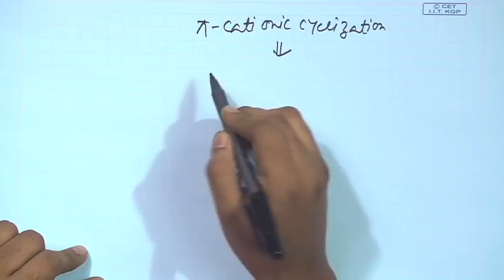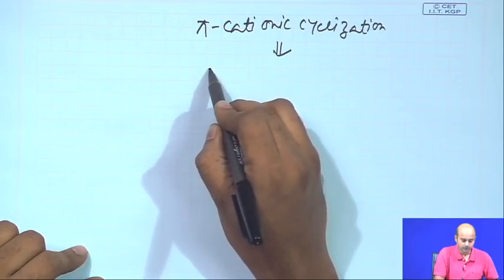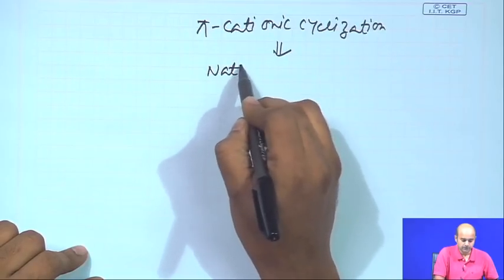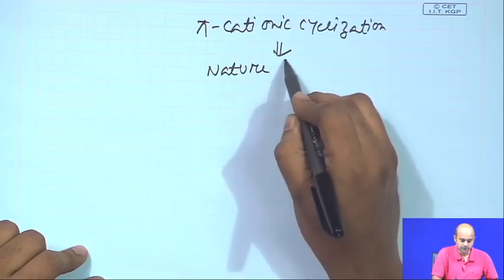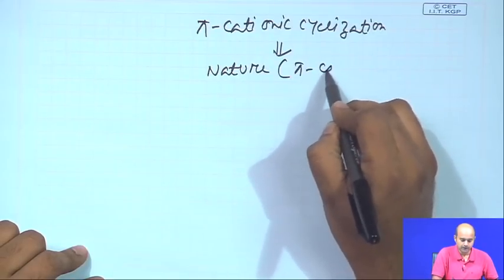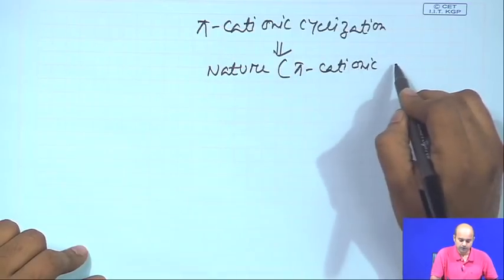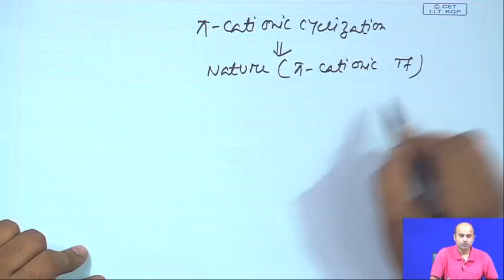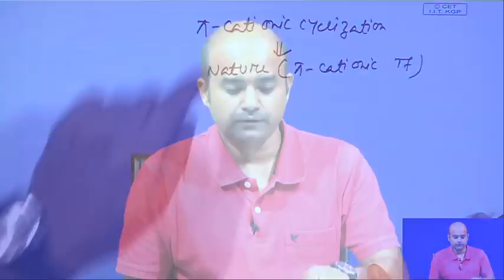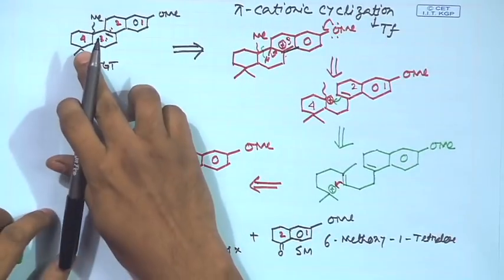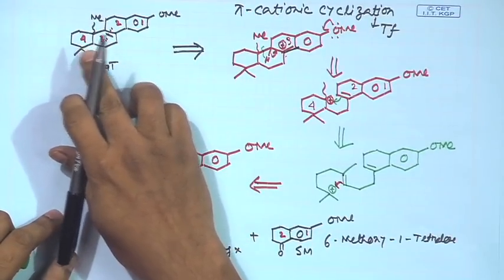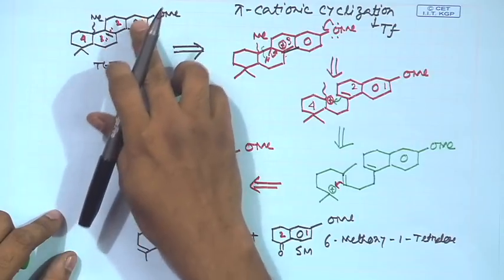So, this is a very important reaction, pi-cationic cyclization, and it is normally used by our mother nature. Mother nature uses this pi-cationic cyclization as a unique transformation to synthesize many natural products; this kind of structure, available in nature, is basically a steroid framework.